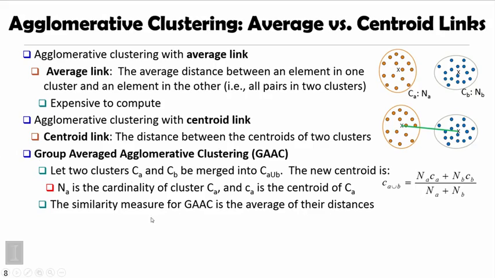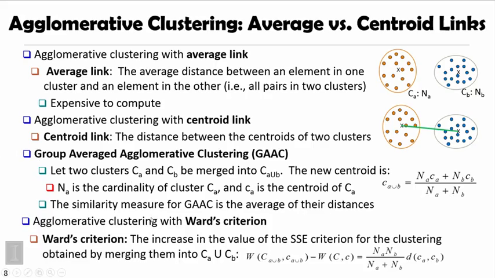Another interesting one is called Ward's criterion. It measures the increase once you do the merge. Remember, once you merge the two clusters, C sub A and C sub B, into C sub A union B, the SSE, the sum of squared distances, will increase because the cluster becomes bigger.